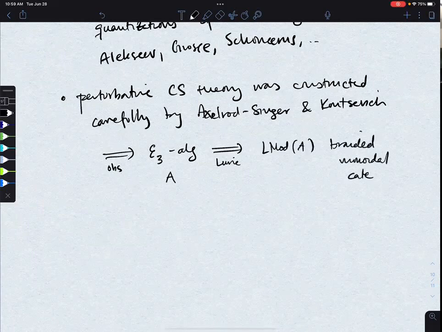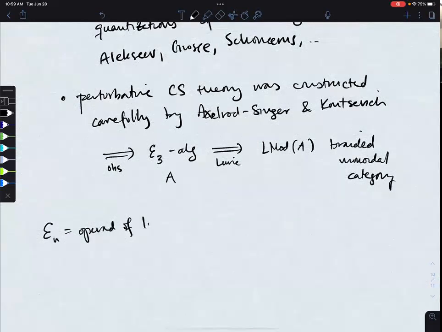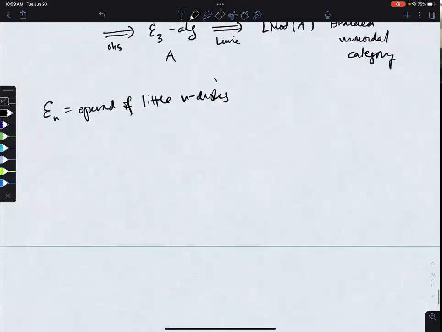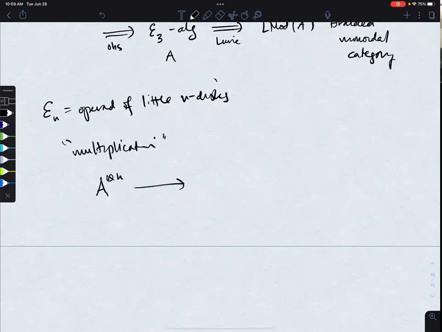Excuse me, what is E2 and E3? Yeah, so En is the operad of little n disks, and it means that you have a multiplication A tensor K to A for any configuration of non-overlapping disks.